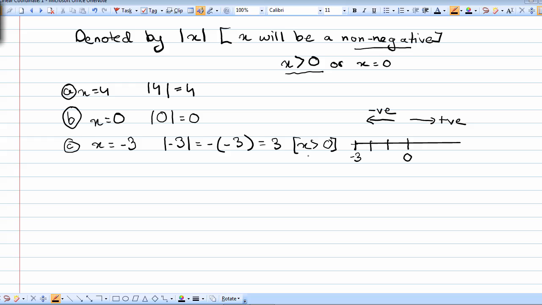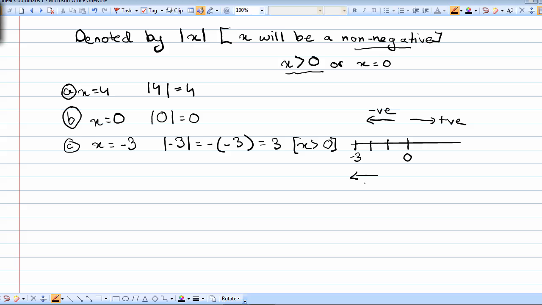So you must notice that when we apply the -3, which is a constant coordinate on this number line, we are referring to one side. We are referring to this side.